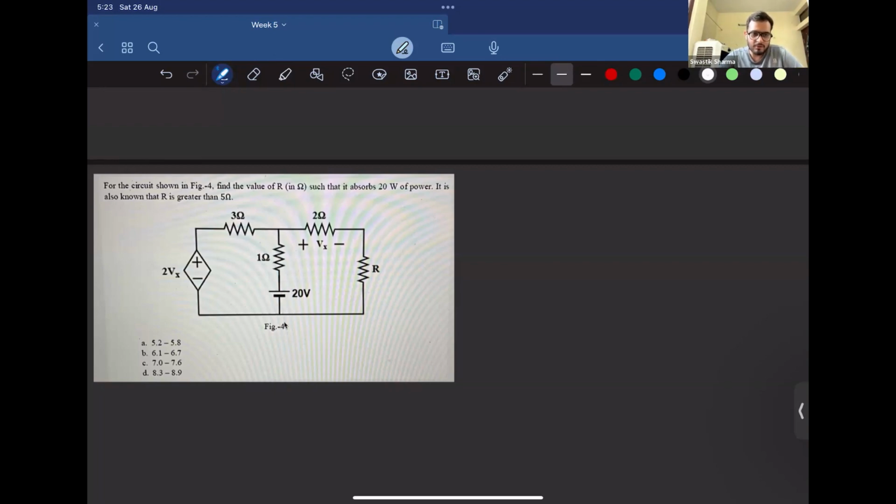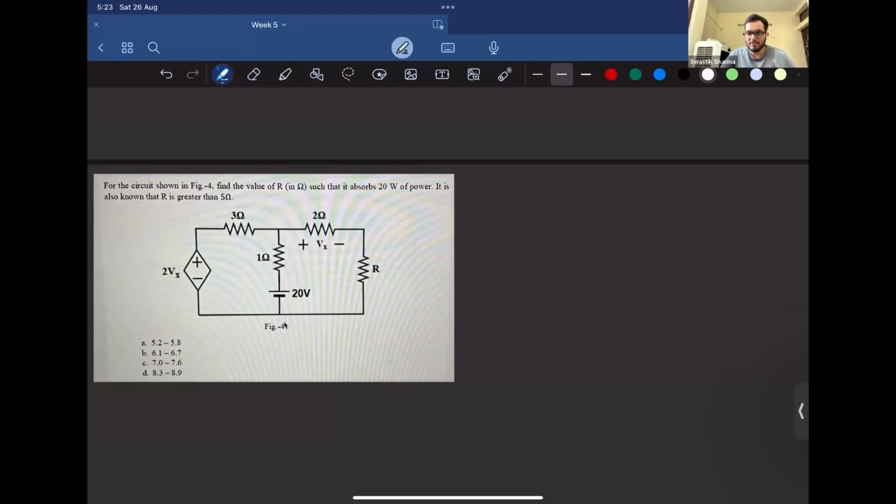You can definitely go through that book. So I'll just add this book.